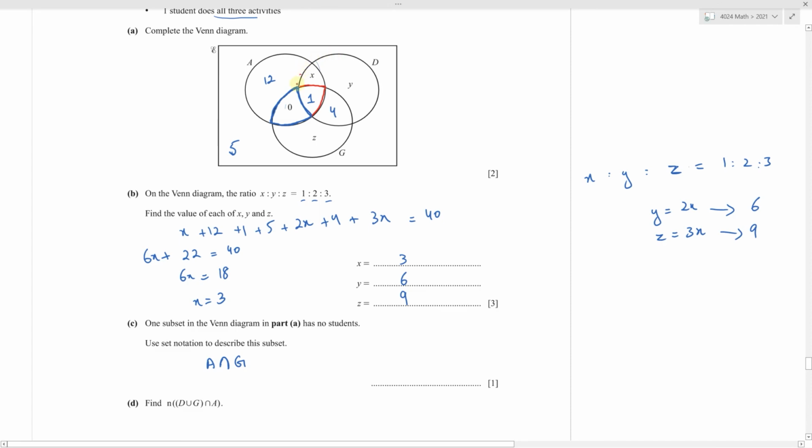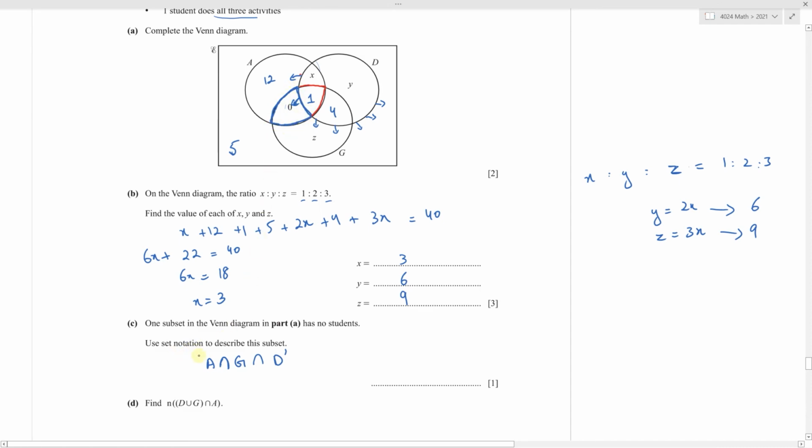So this blue area is outside of D. Everything outside D is D complement, and then you find its intersection with A intersection G. So A intersection G gives you this whole thing, and then you have to exclude everything inside D, so you do intersection with D complement, giving you this blue shaded area.